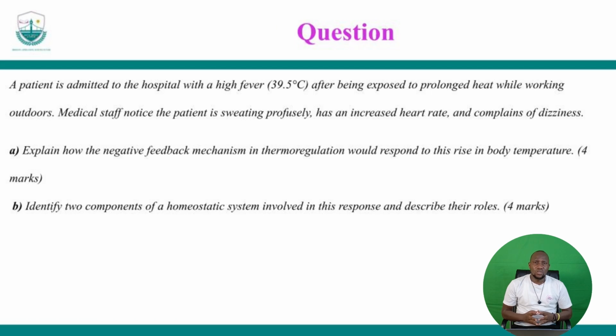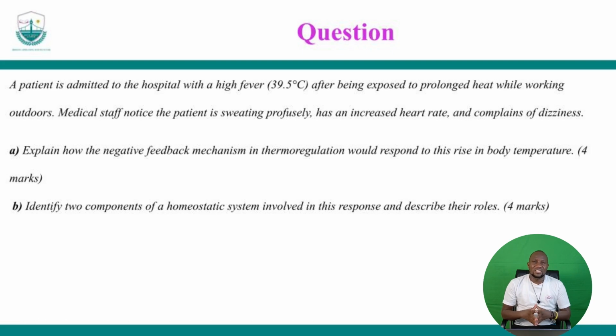Here, someone has been working for prolonged hours outdoors under the sun. That means this person's body has been subjected to a lot of heat, and therefore the body temperature is high.